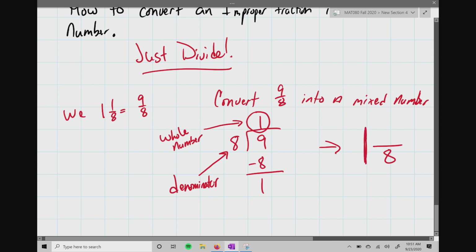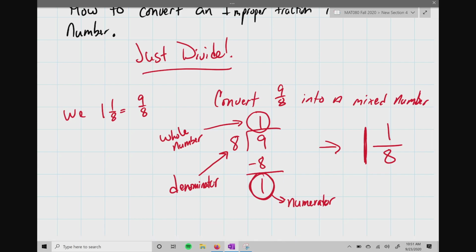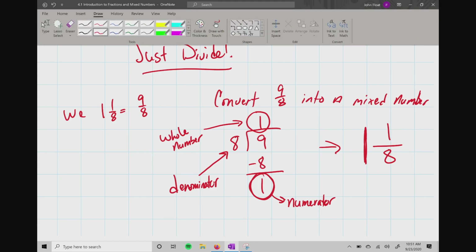So that goes out front. And then your remainder will always be your numerator. And that's it. So that's how you convert improper to mixed. All right, let's try another one here.